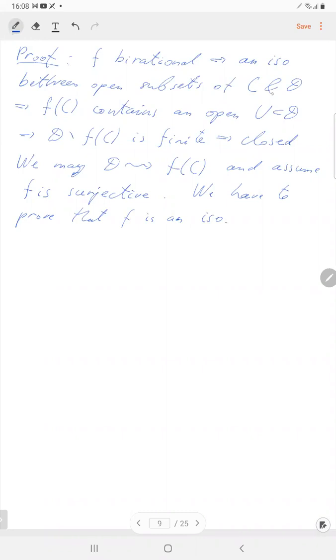So let's prove this. So first to prove that f is injective.